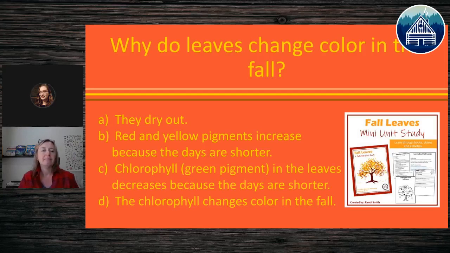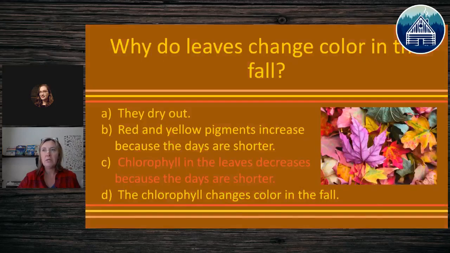I'm going to guess C, that the green pigment decreases. All right, we kind of have a lot of answers. Amelia and whoever guessed C is correct. So if you look at this picture here and you look at that leaf on the right, so it's like orange and yellow and you can see the green veins a little bit, that is where the chlorophyll is decreasing, and the red and yellow have been there all summer.